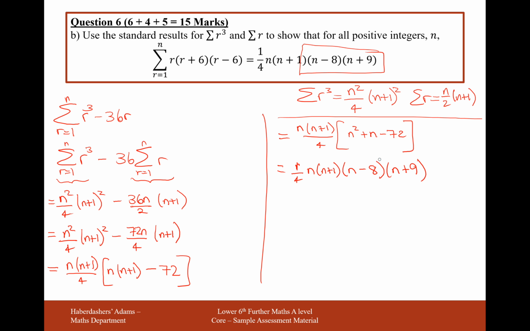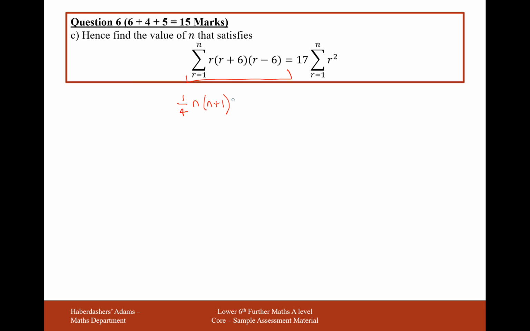Perfect. So, part C is now to evaluate when these two expressions are equal to each other, find the possible value of n. So what we'll do is use the formula that we found in part B, which was a quarter n, n plus 1, n minus 8, n plus 9.